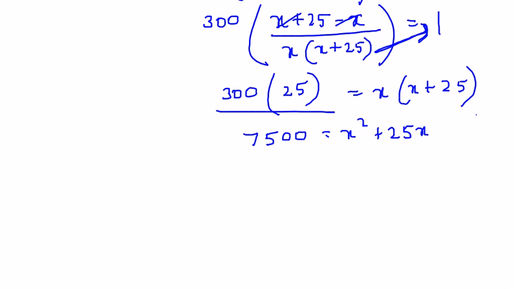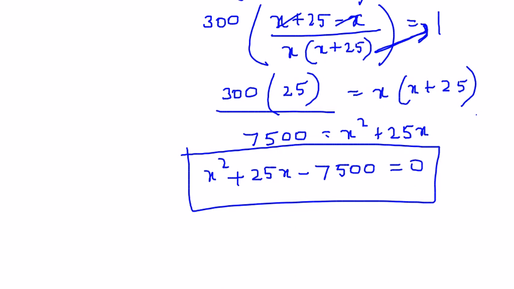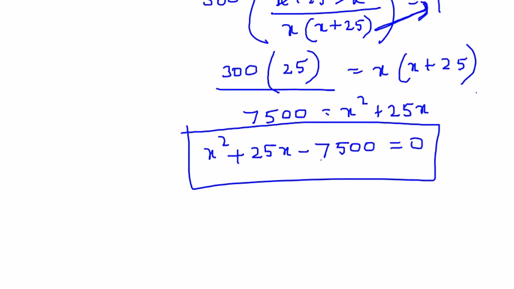So shall we write this as a quadratic equation? x squared plus 25x minus 7500 is equal to 0. Now with this you can solve for x. Don't get worried seeing these huge values of x and this constant. We should use the sum and product method.